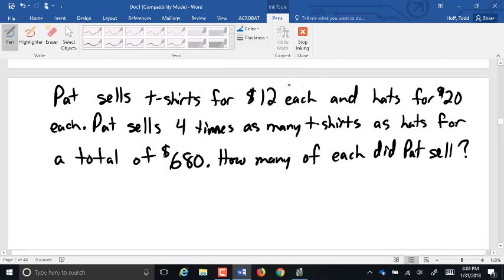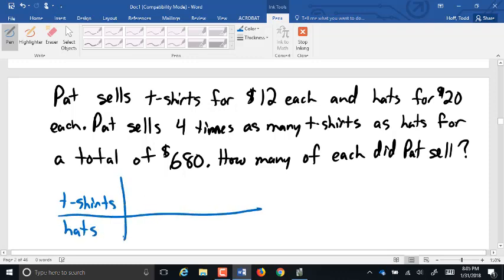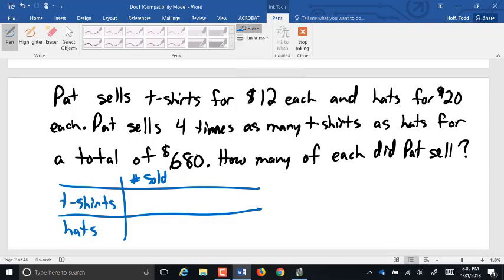So now instead of 2 different people, we have 2 different items. We have the t-shirts and we have the hats. Now we're still concerned with the number sold. So we have 2 different items we're trying to find. There are 2 different numbers, the number of t-shirts and the number of hats. Is one of them calculated from the other? Yes.